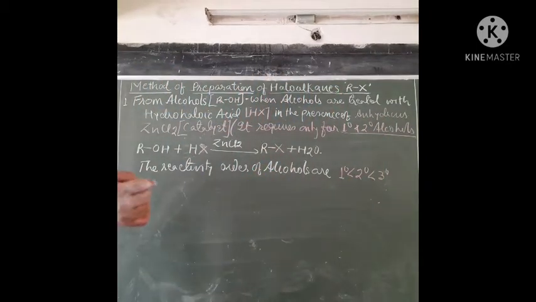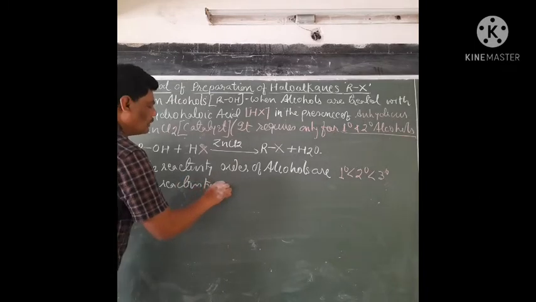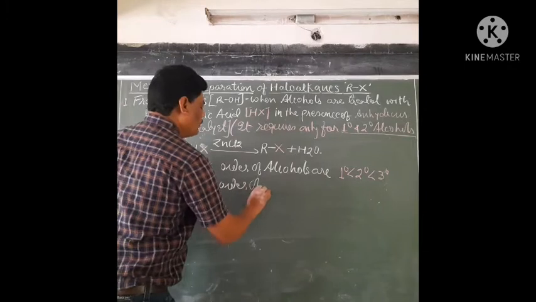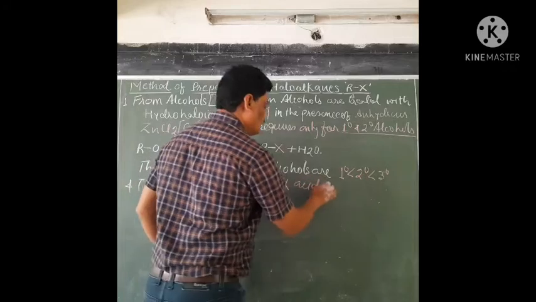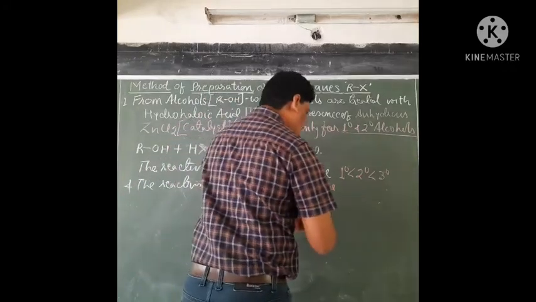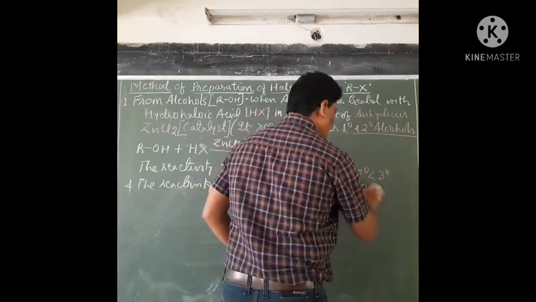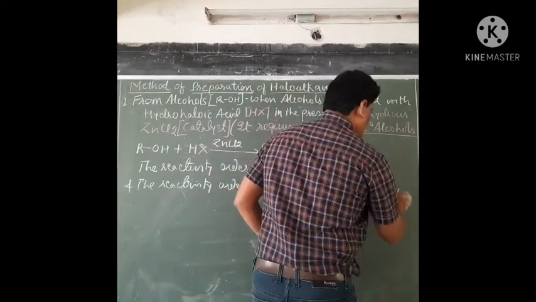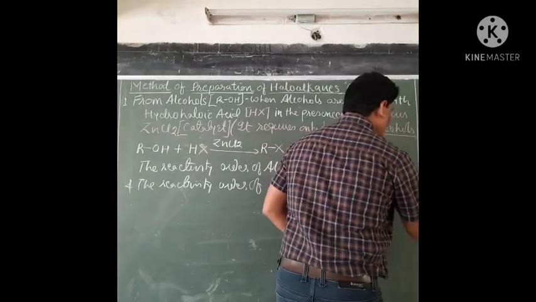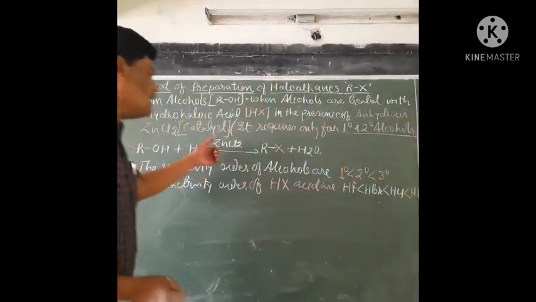And the reactivity order of hydrohalic acids: the least reactive is HF, then more reactive HCl, then HBr, and the most reactive one is hydroiodic acid, HI.